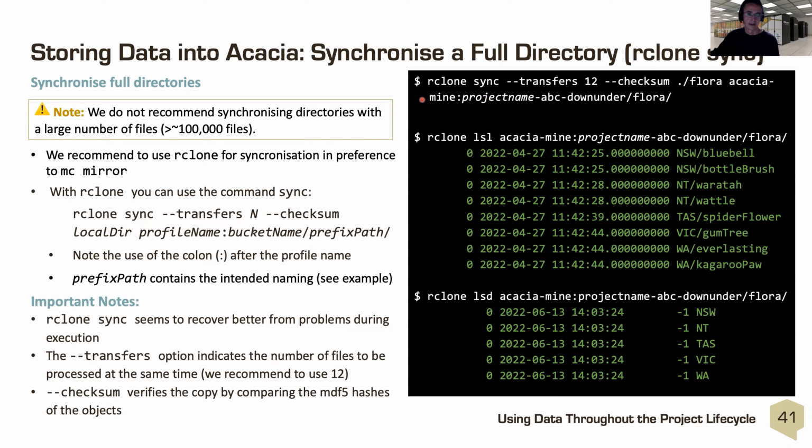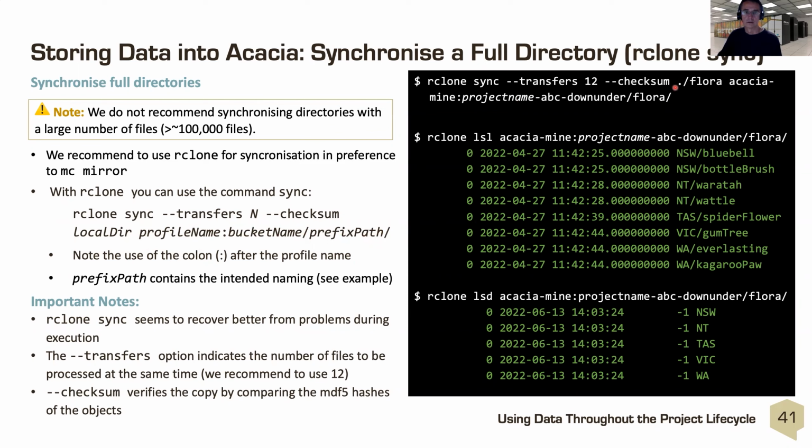So the syntax is rclone sync, the options, then the local directory, and here the profile name, which I said is the same as the alias name for MC. Important is that now instead of slash, we are using the colon, then the bucket name and prefixes. And so here's the example.